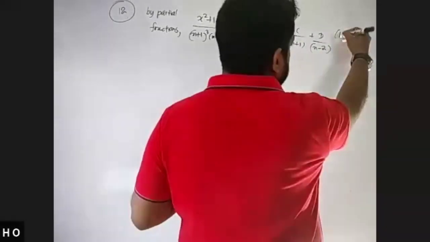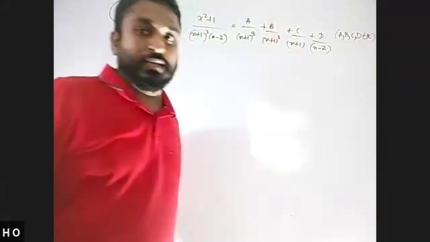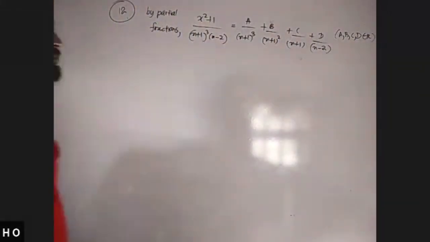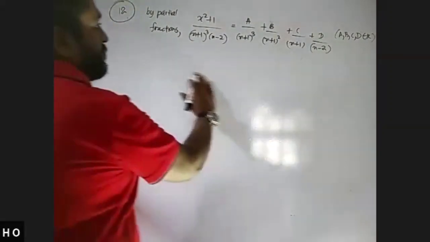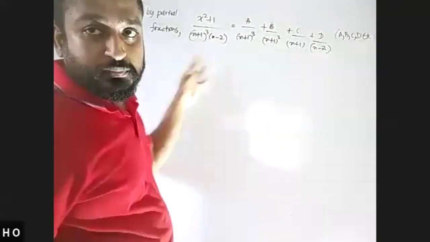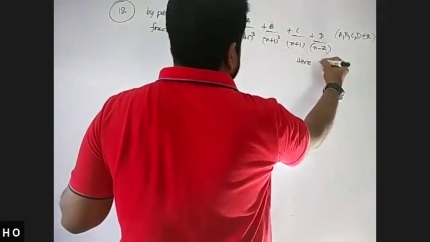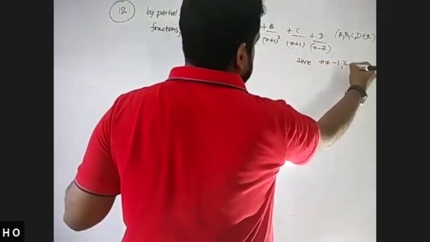Introduce A, B, C, D as real constants. We don't know whether they are positive or negative. Multiply everything by these, and at the same time you have to mention the domain. Here, what is the domain? X cannot be minus 1 or 2.